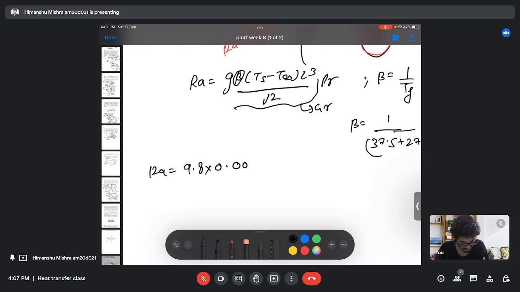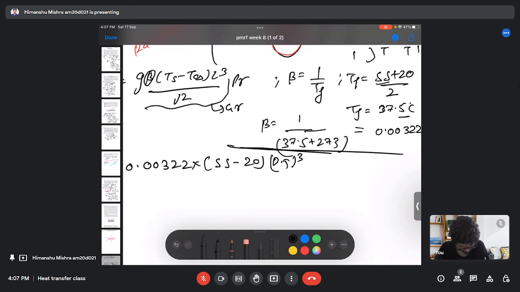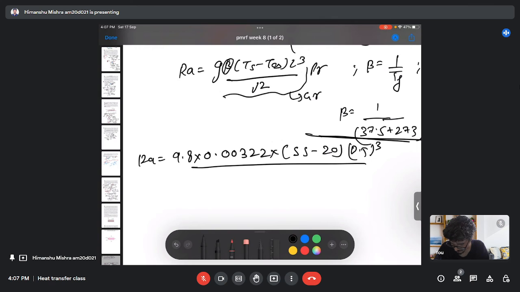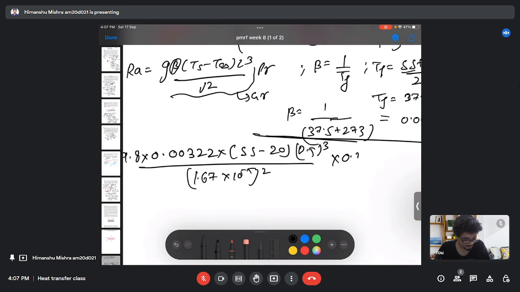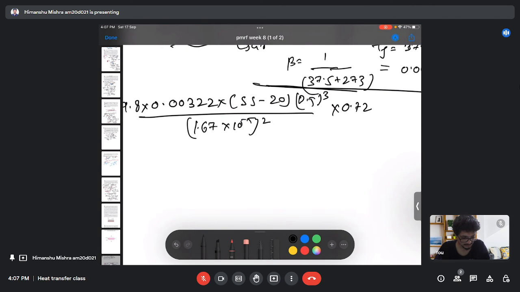Now I can use this beta to find the Rayleigh number. Beta is 0.00322, and my temperature difference is 55 minus 20. The length is given as 0.52, the kinematic viscosity is 0.67 times 10 to the power minus 5 meter squared per second, and the Prandtl number is 0.72. Calculating, the Rayleigh number is 3.56 times 10 to the power 8.